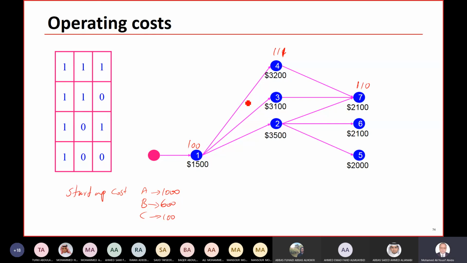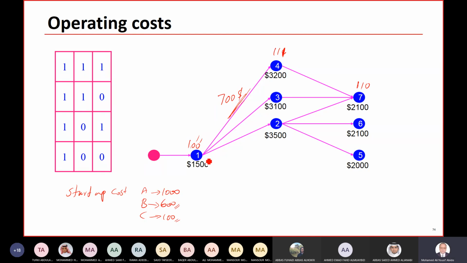Now, what about the startup cost for this link? 700. Yes, why? Because B you switch on, and C also is switched on. This is the previous state 100, and this is 111. So you start up this unit and this unit here. So we have $700 startup cost for this link.